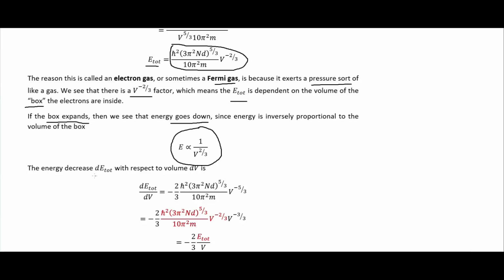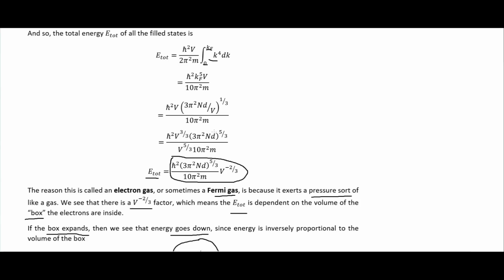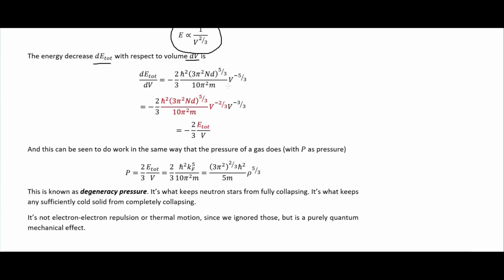And the energy decrease that we will see with respect to some infinitesimal change in the volume is this. And so we just take the derivative of this, which takes the minus 2/3 from our v and brings that out front here and reduces the exponent by 1, which is why we have this -5/3 now.